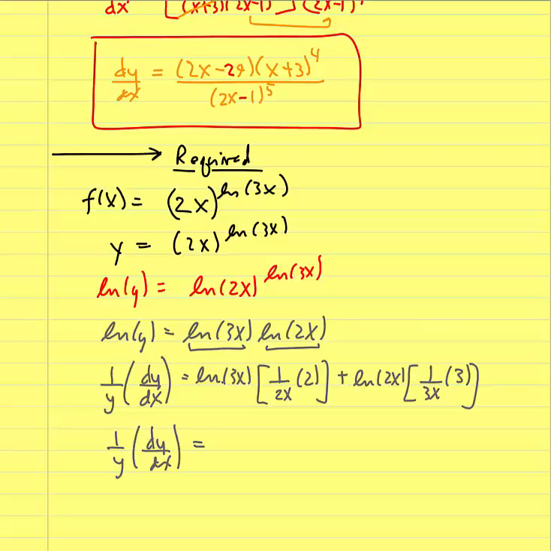And on the right hand side, it looks like I have the 2's cancel, so I'm left with the natural log of 3x over x. And again, the 2's canceled. Plus, the 3's cancel on this one, natural log of 2x over x.